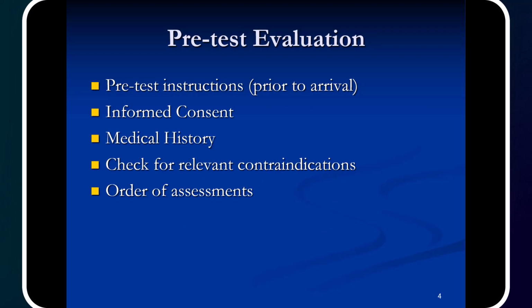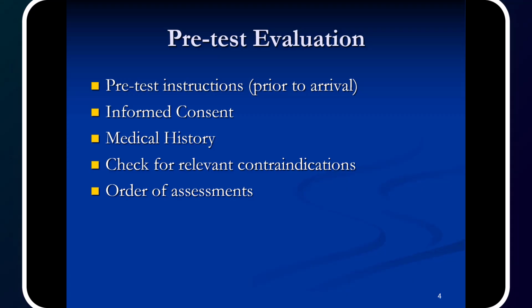So as far as pre-test instructions, we'll go over that on the next slide. But here is the general order of things. You want to make sure the participant, before they get there, has an idea what they're doing and the instructions you might want to give them. Then obviously we're going to take them through an informed consent. Generally, that's the first thing that'll be done. Then medical history, as we used in class, the health screening questionnaire, and then also check for relevant contraindications.